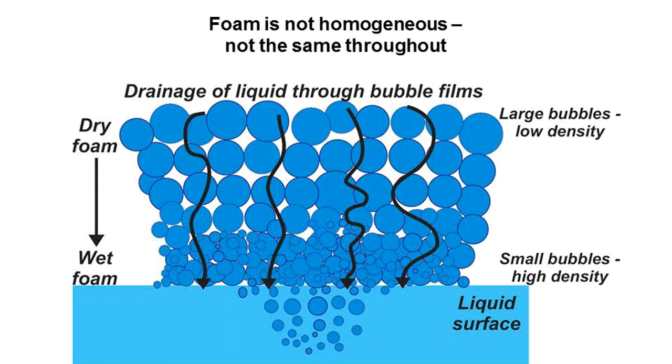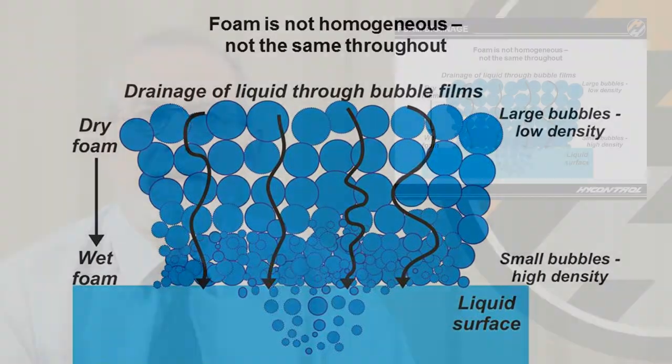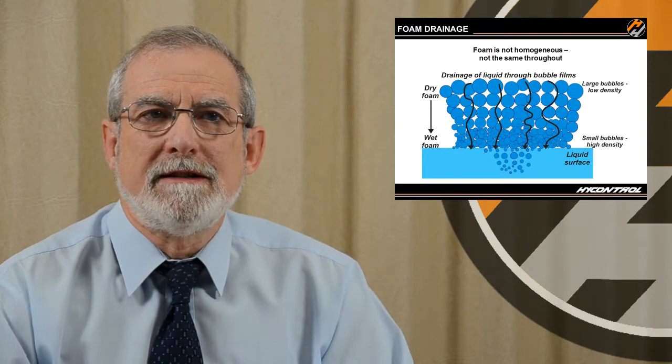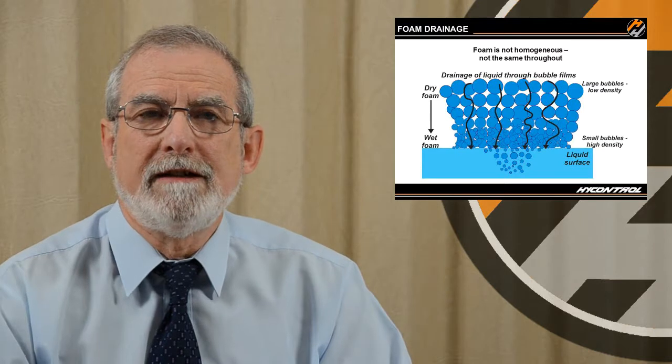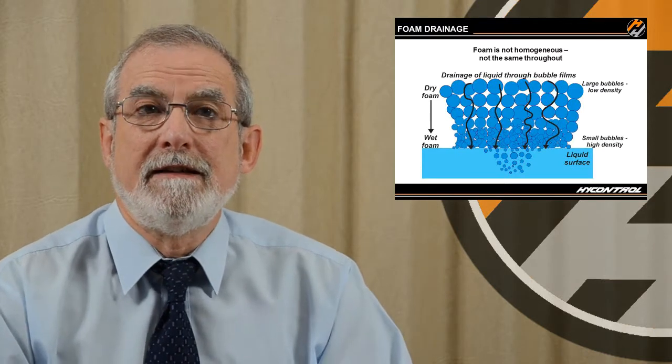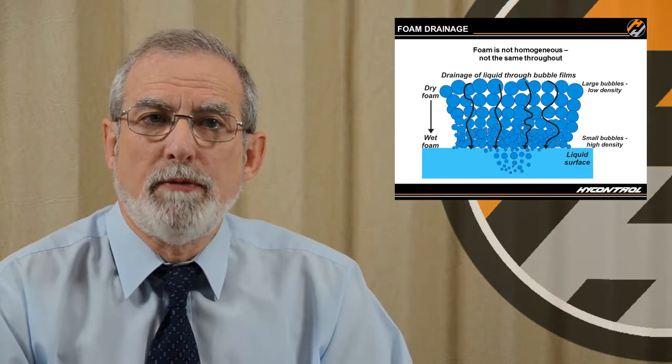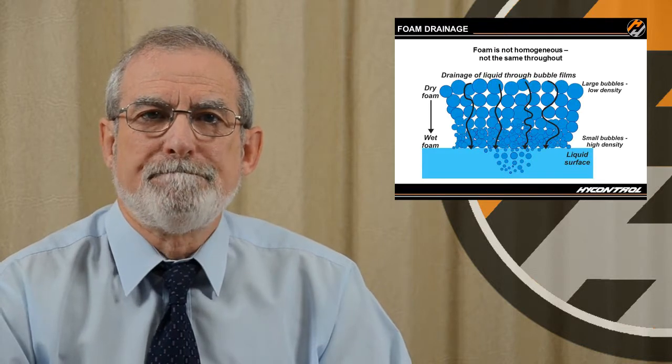If we look at this diagram and think about what's going on here, we've got liquid at the bottom where bubbles are coming through and creating foam. The bubbles are coming up, floating on the top of the liquid and rising up. As the bubbles rise, they start to drain and they get thinner and they break. So small bubbles turn into larger bubbles.